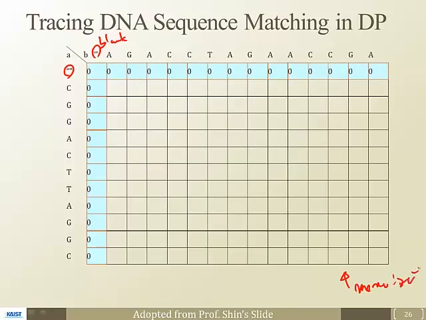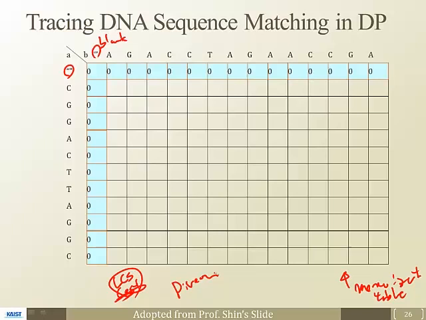Actually, we are going to store 2 values, so we have 2 memoization tables, just like the assembly line case. We are going to store the LCS cost, and we are going to store some direction here.